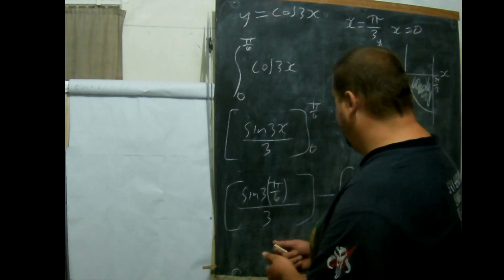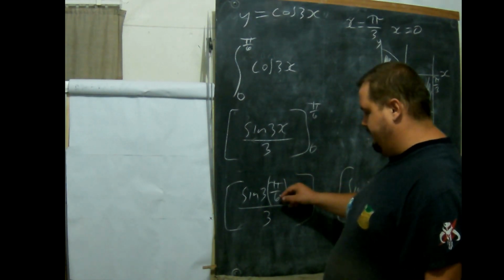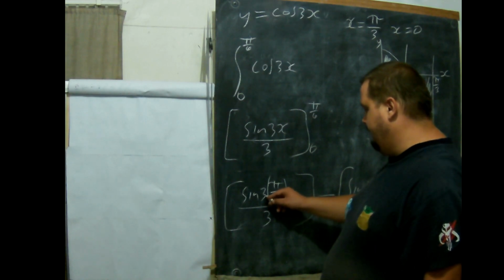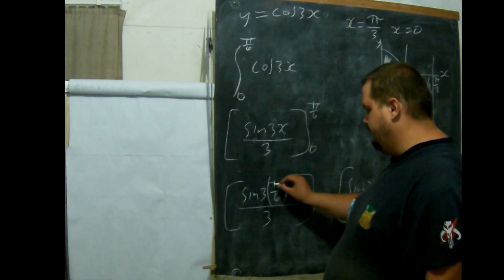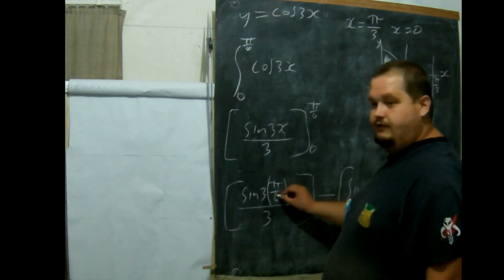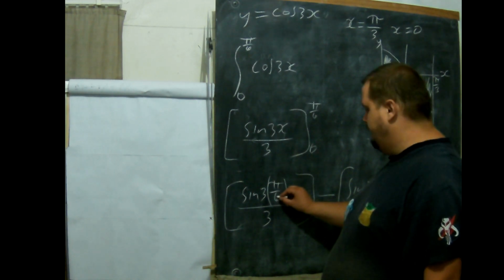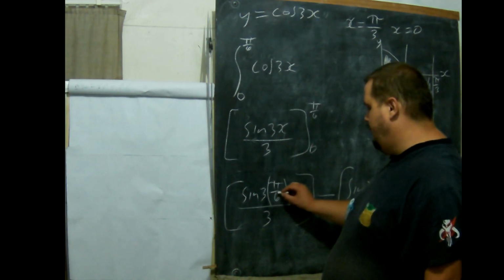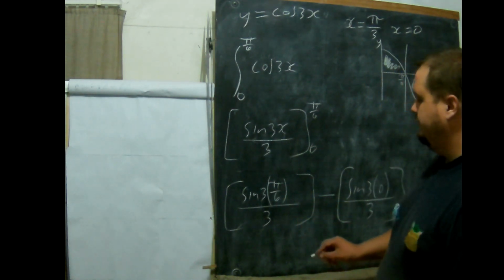Since we have pi over 6, which is 30 degrees, it's pi times 3, and 3 divided by 6 is 1 over 2. So that is pi over 2, and pi over 2 is 90.